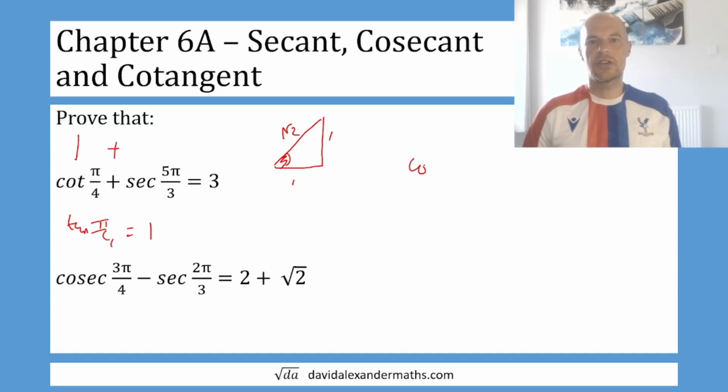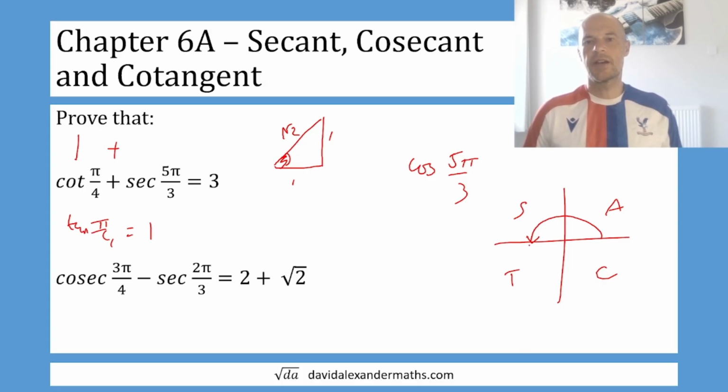Well, first of all, what is the cos of 5 pi over 3? I'm going to use my CAST diagram here. I mean, I could cheat and just use my calculator. All the way around would be 2 pi, which would be 6 pi over 3.